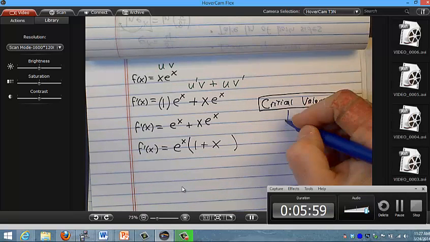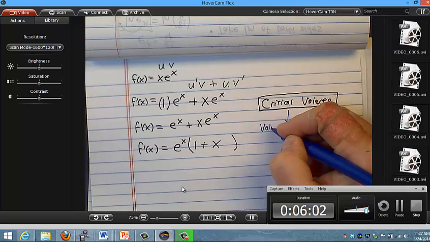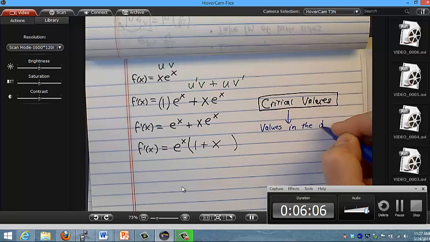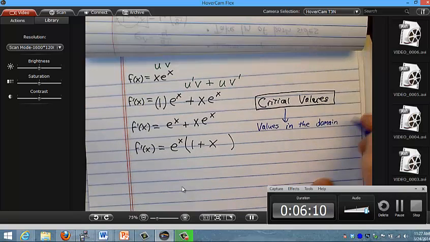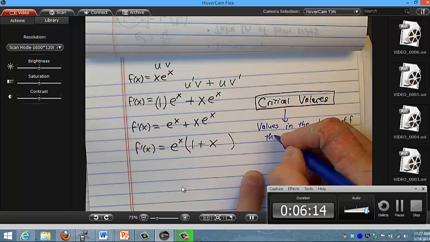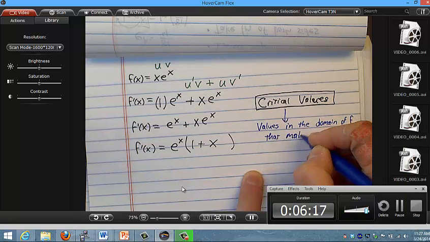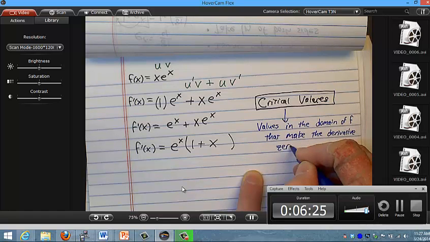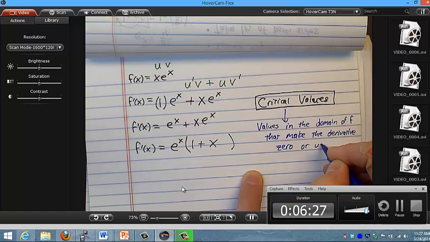These are values in the domain of f that make the derivative 0 or undefined.